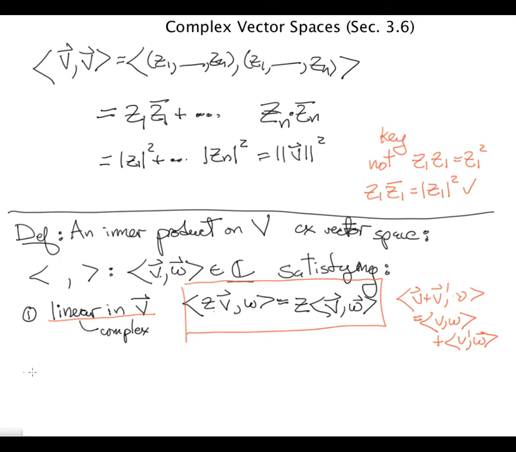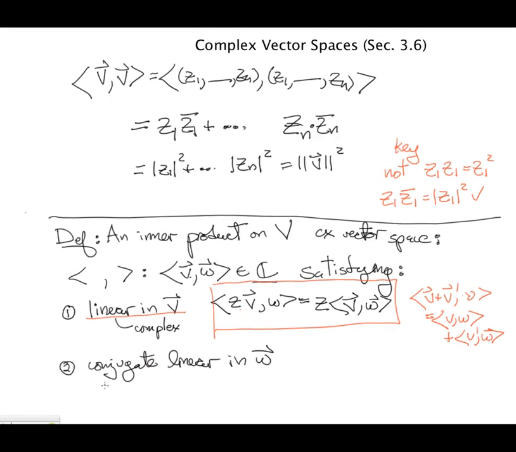And you might think that you want it to be linear in the second variable, but you don't. It's what's called conjugate linear in w. And what that means is that if you have something like this, <v, zw>, the z pulls out just like before, except that it gets a bar here. And I'm even going to make the bar in red. It gets a bar here.